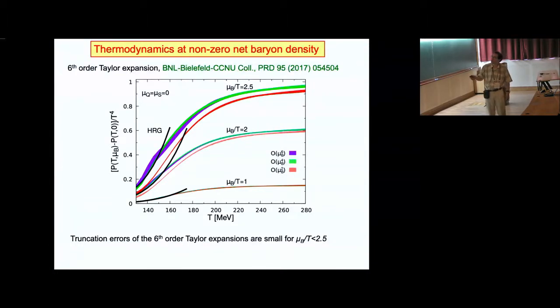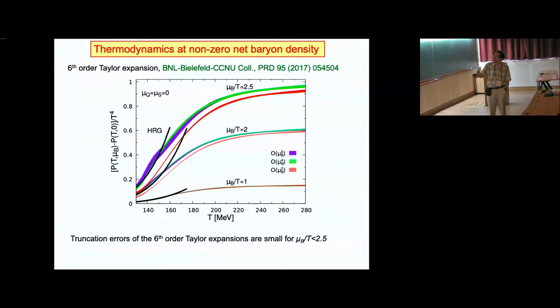But from the fourth order on, you don't see much correction. So the fourth order captures most of the mu_B dependence of your pressure. At least up to chemical potential smaller than 2.5 in units of the temperature, the fourth order correction is good enough, and fourth and sixth orders are more or less the same.